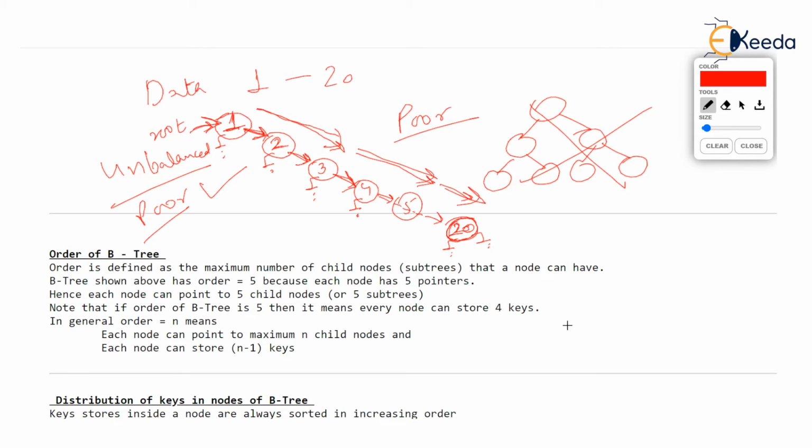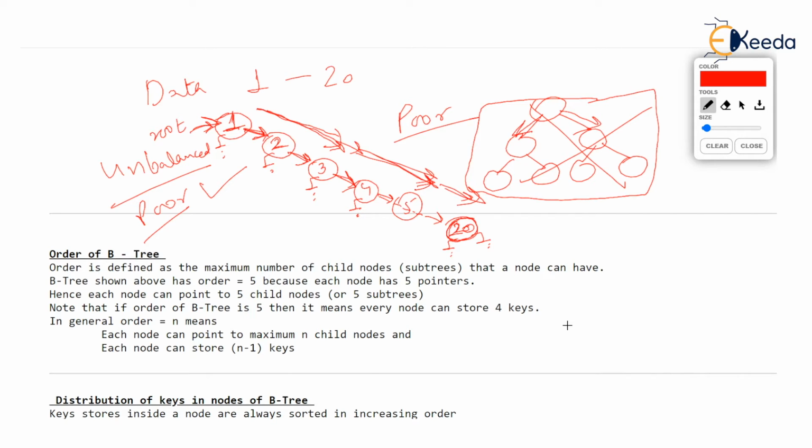If the tree was balanced like this, check this nature of the tree. If the tree was balanced, then at any point you might have taken either left or right, skipping the other branch. So the number of comparisons would have been less. But because the tree got stretched only in one direction, the number of comparisons increased.